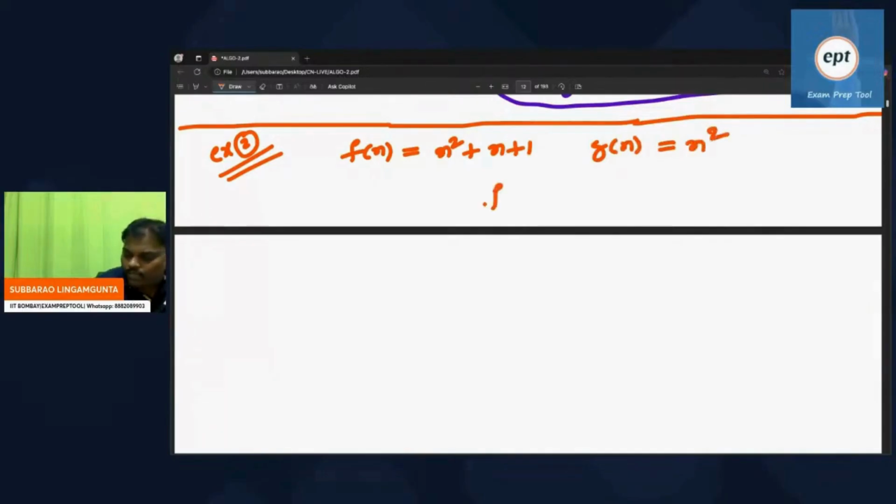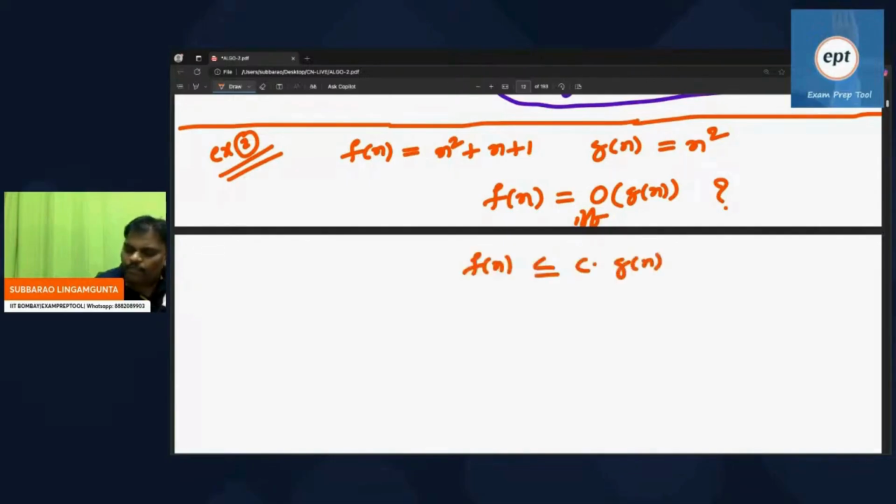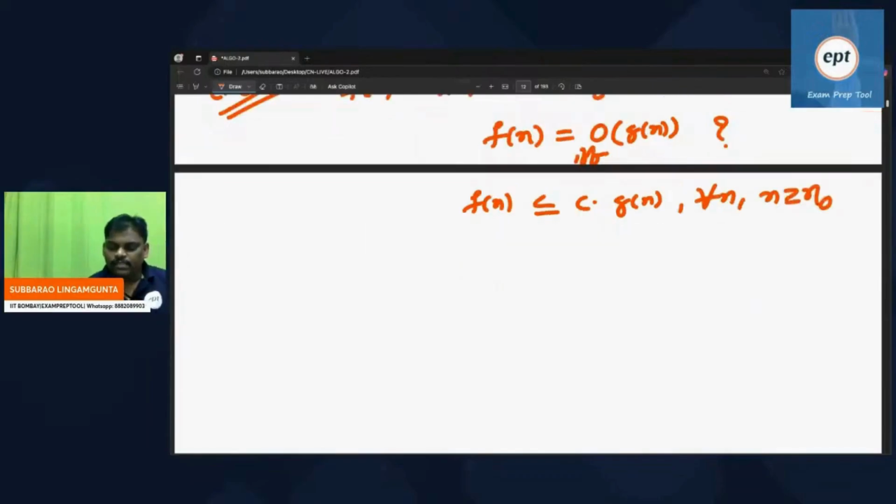Now I want to say f(n) is big O of g(n). If you want to say this, this condition should be satisfied: f(n) is less than or equal to some c into g(n), for all n where n is greater than or equal to n0.